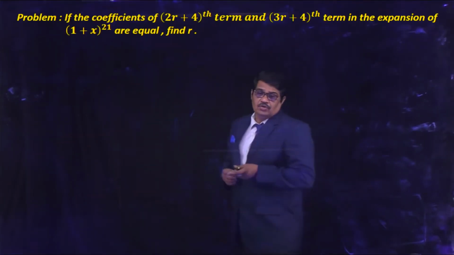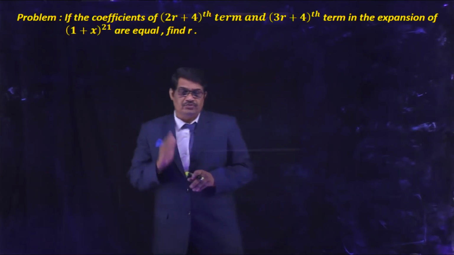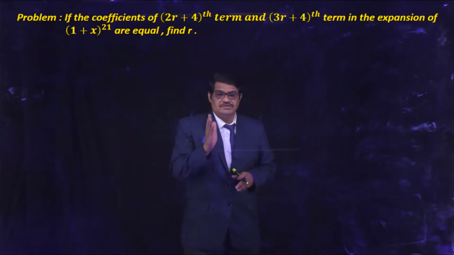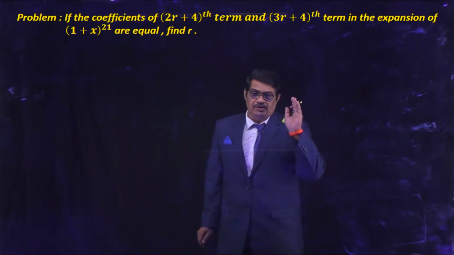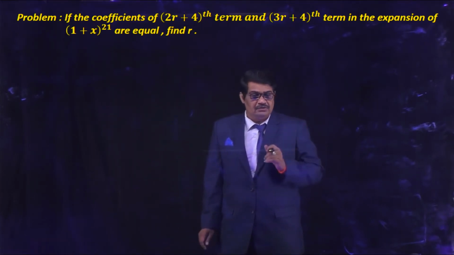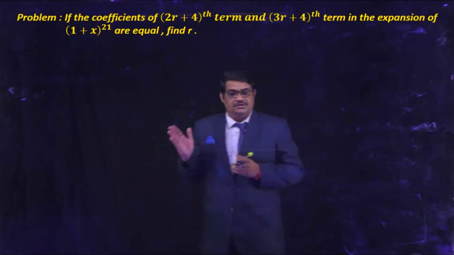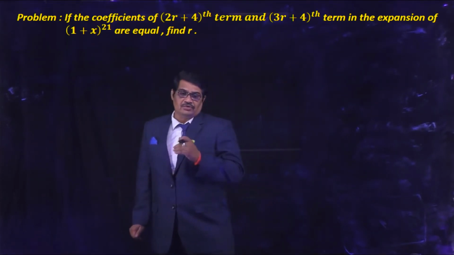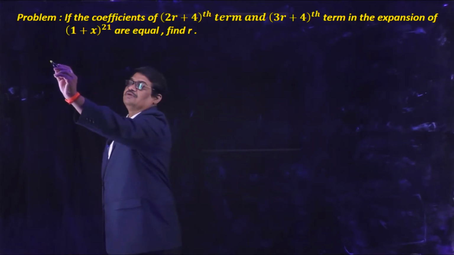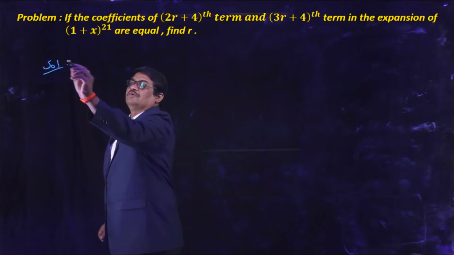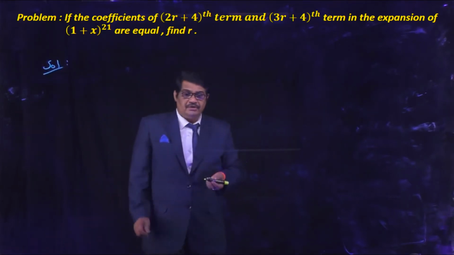If the coefficients of the (2r+4)th term and the (3r+4)th term in the expansion of (1+x)^21 are equal, then we have to find the r value. Okay, see the solution. What is the given expression?